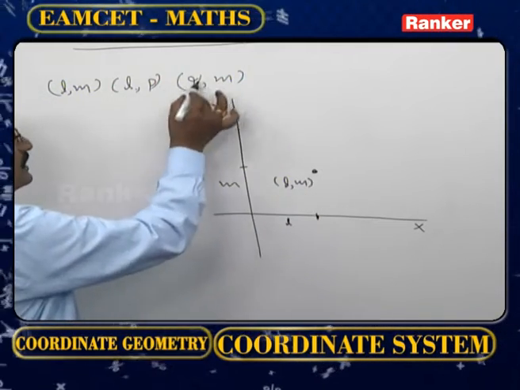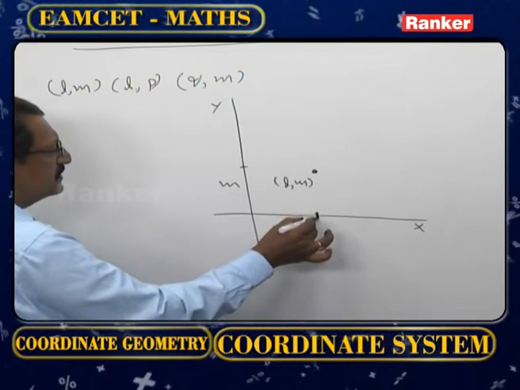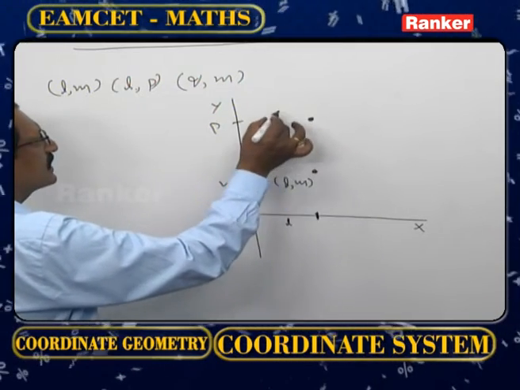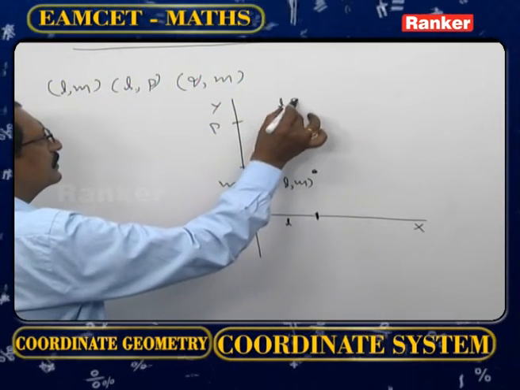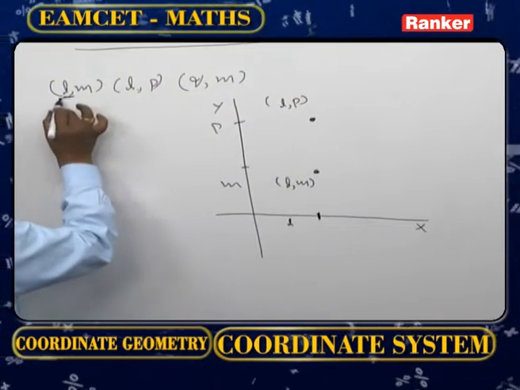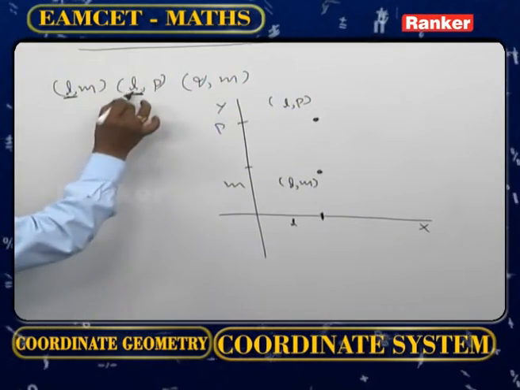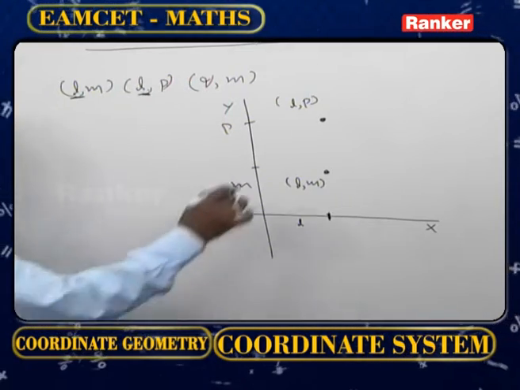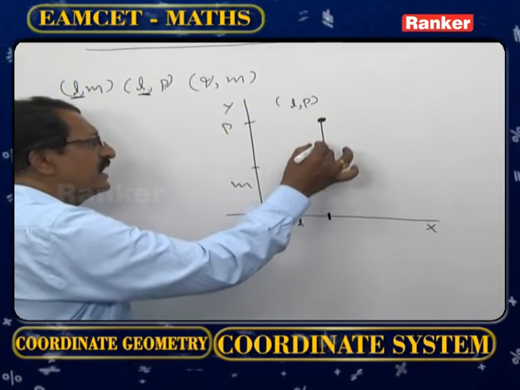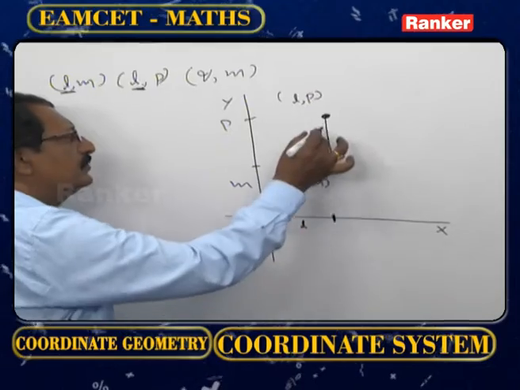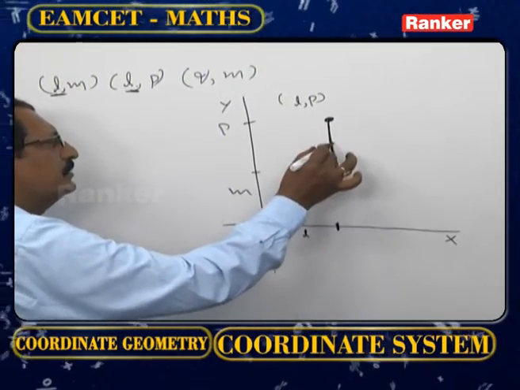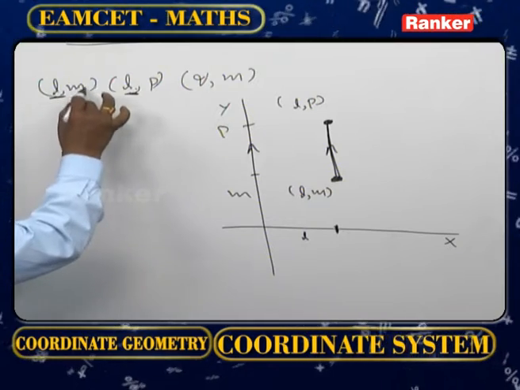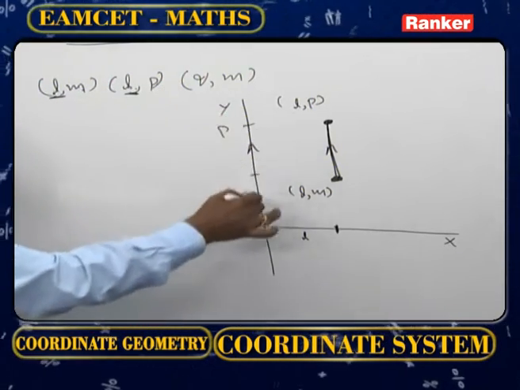Next L comma P. On the x axis at a distance L, y axis P. Now in the first point and second point, x coordinates are equal, then the line segment joining the 2 points L comma M, L comma P is parallel to the y axis.